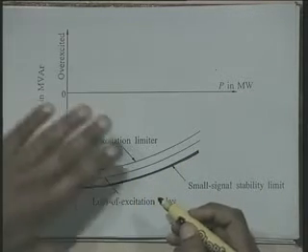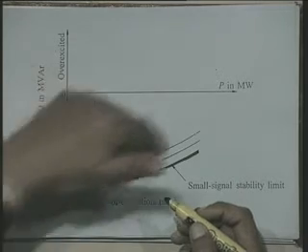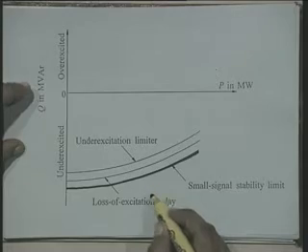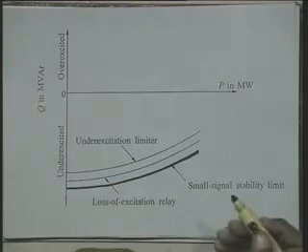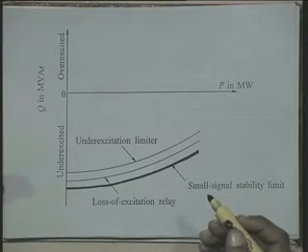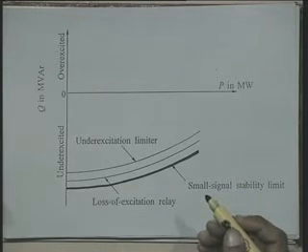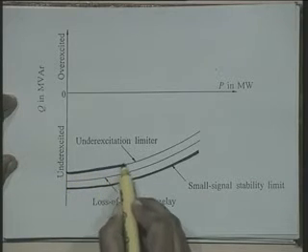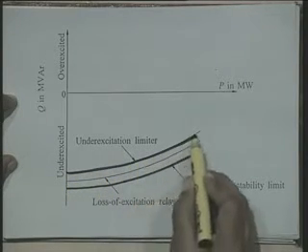In case you operate in this portion of the PQ plane, the system is stable for small perturbations. If you operate somewhere in this region, that is on this side of this characteristic, the system becomes unstable. The small signal stability we will be studying separately. Now, keeping some margin, the under excitation limit is set like this.